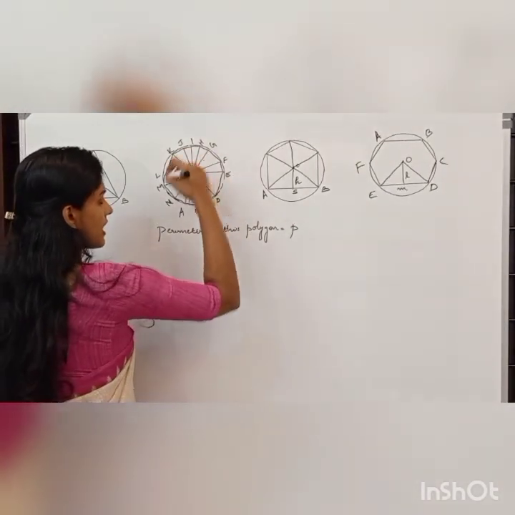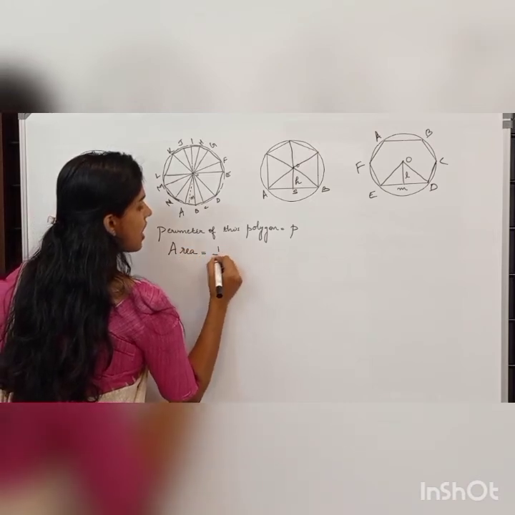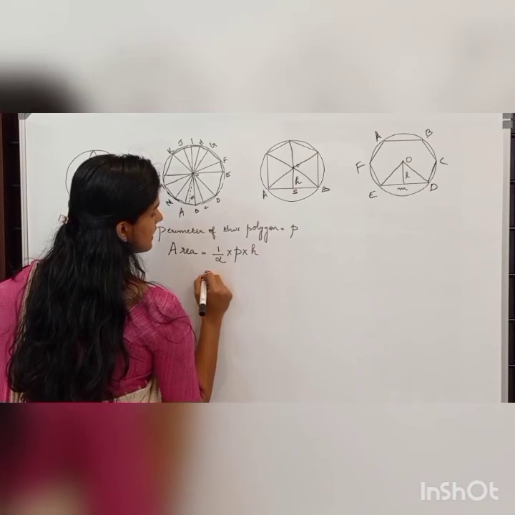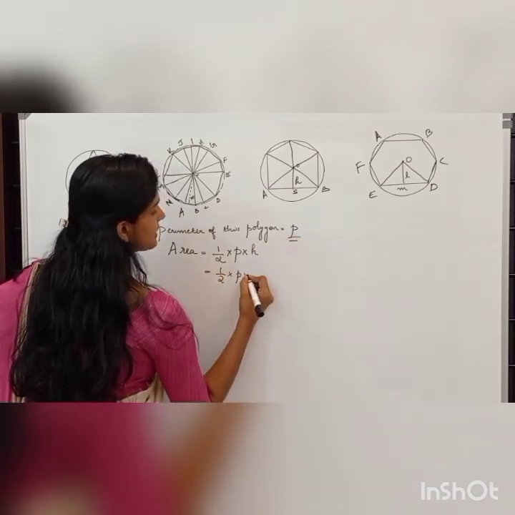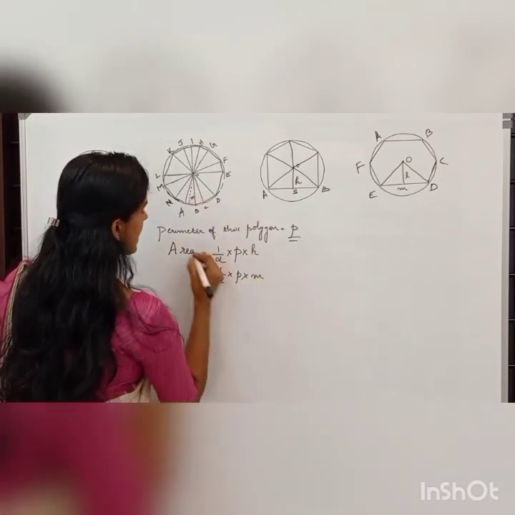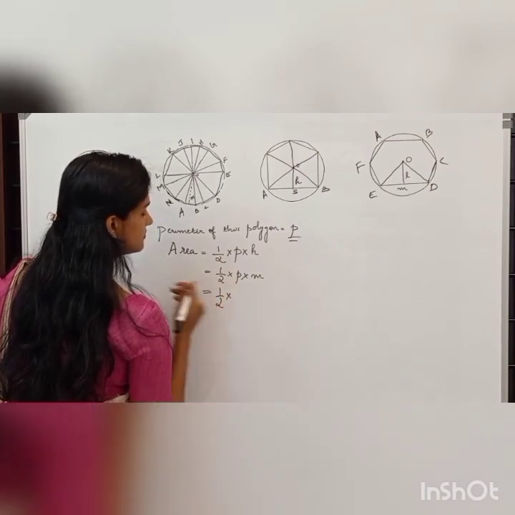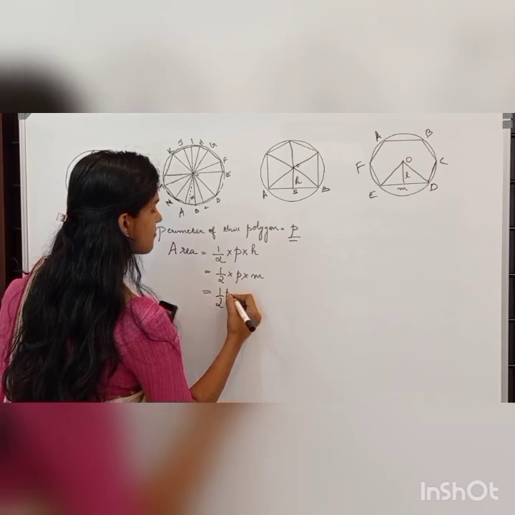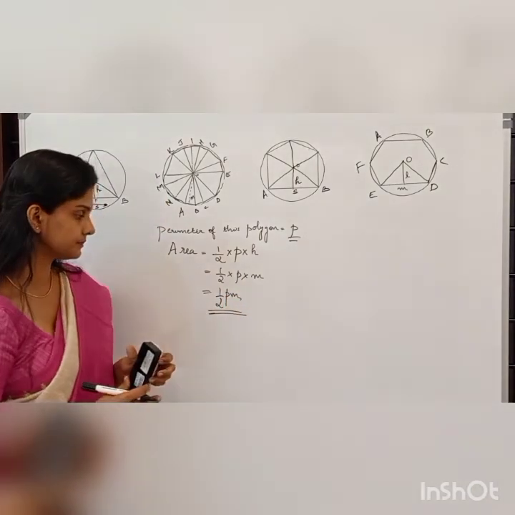We have to find the area. What is the area? Area is given by half into perimeter into height. It's given that the perimeter is P itself. P multiplied by what is the height? Height is given as M. So the area of this polygon is half PM.